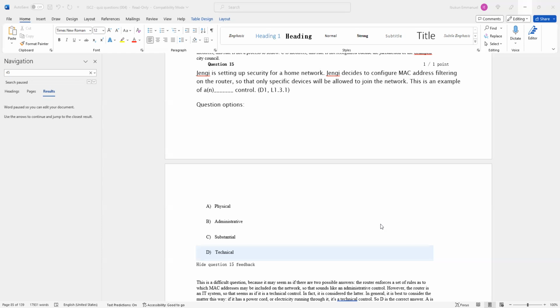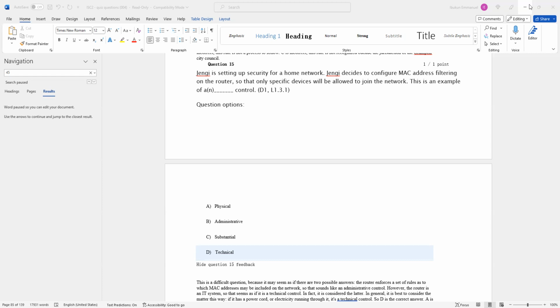Every device that needs to access the internet has to have a network interface card in it. That network interface card will always have a unique MAC address, media access control address.